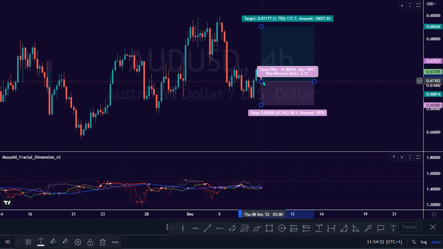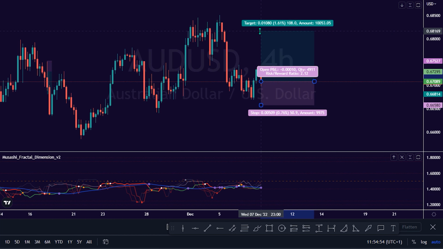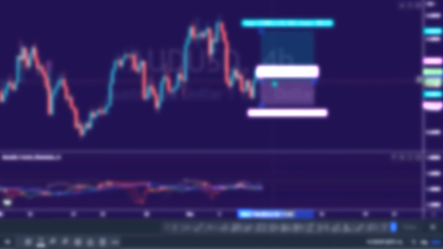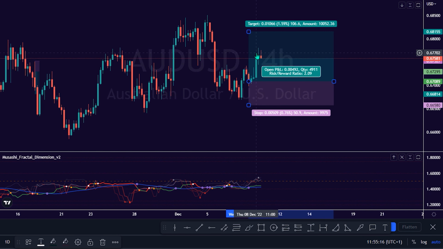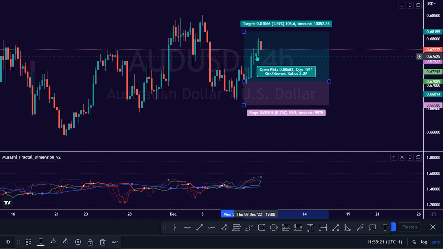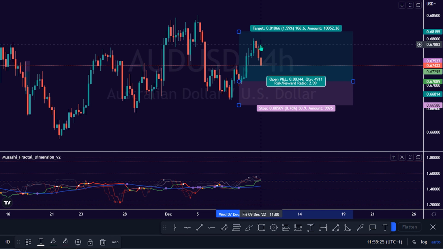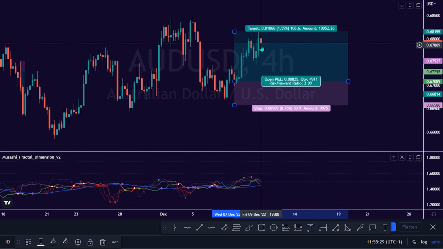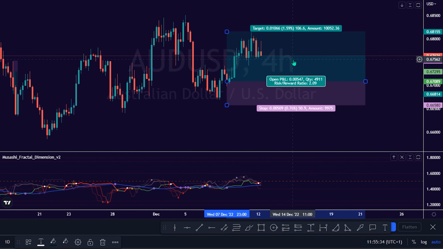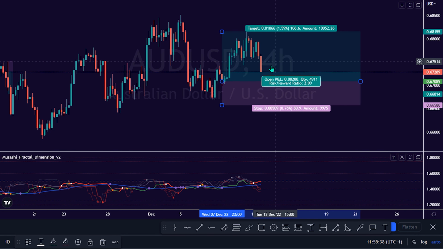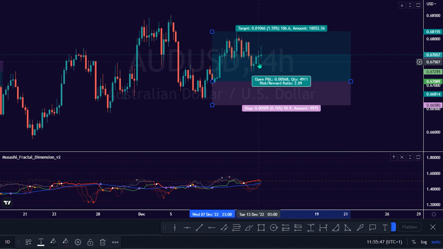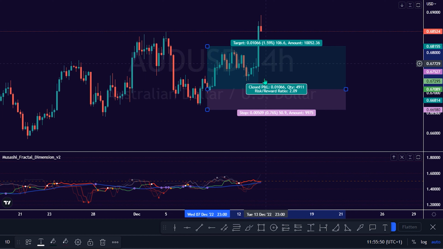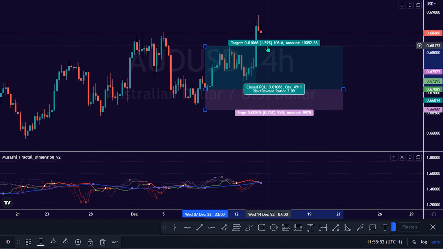We will target 2 risk-to-reward ratios. Let's patiently wait to see how the buy trade goes. The bullish momentum increases. Buy trade finally resulted in a winning trade.